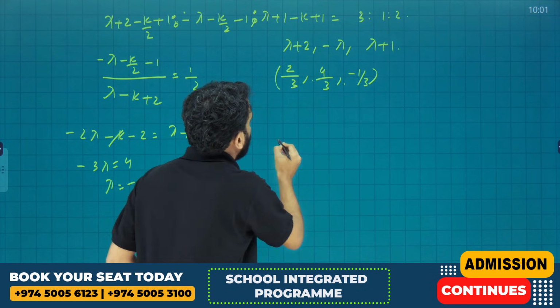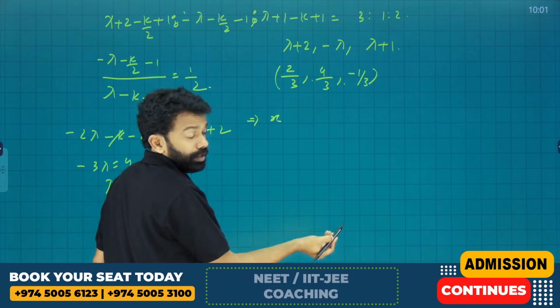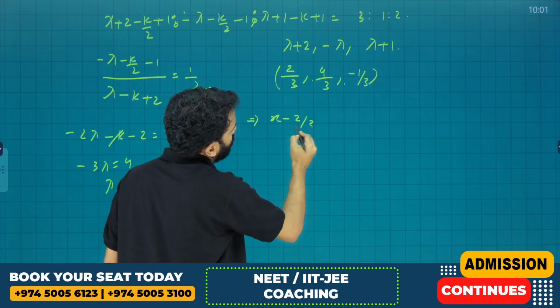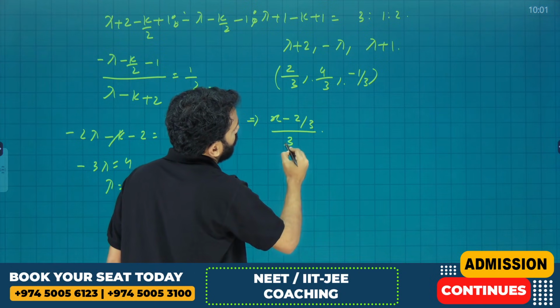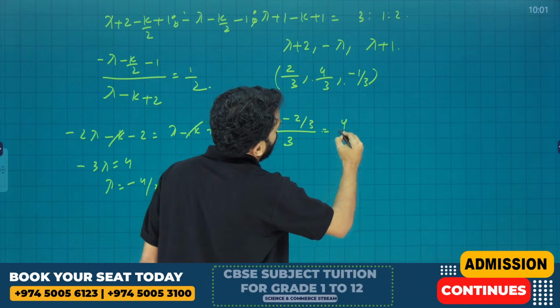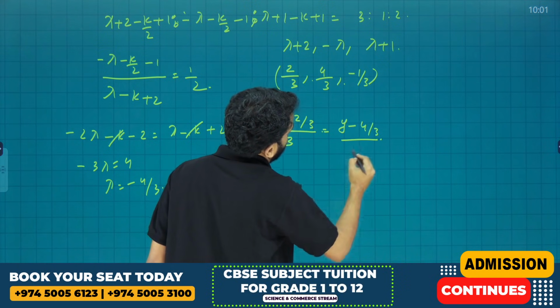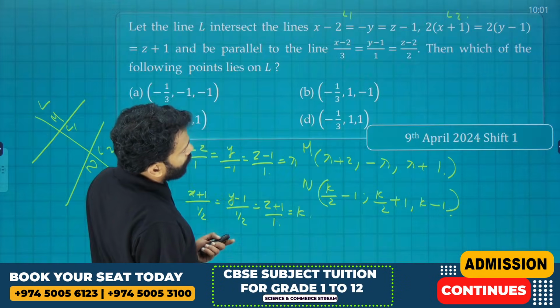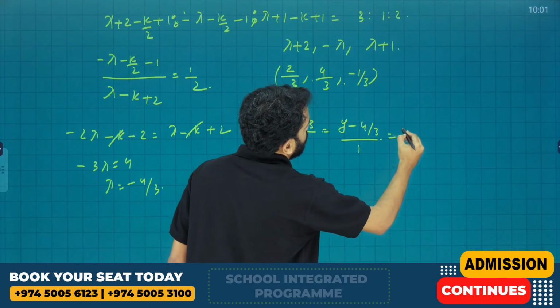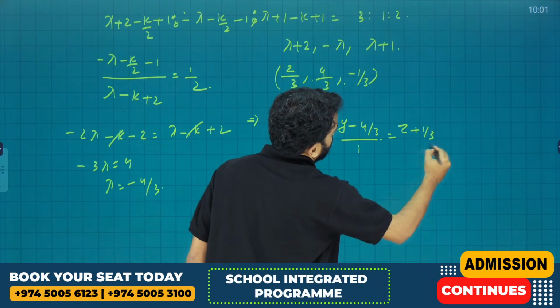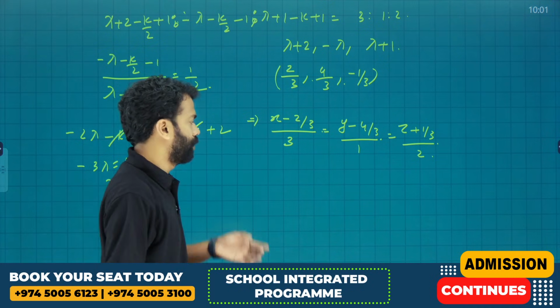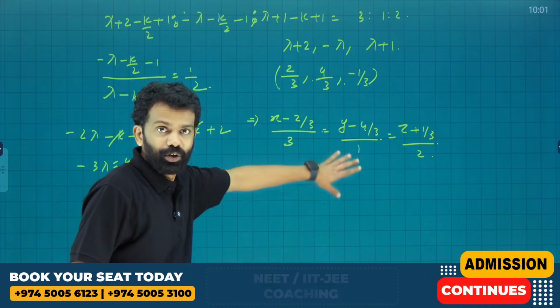So the equation will be (x minus 2 by 3) divided by 3 is equal to (y minus 4 by 3) divided by 1, and (z plus 1 by 3) divided by 2. So this is the equation of the line.